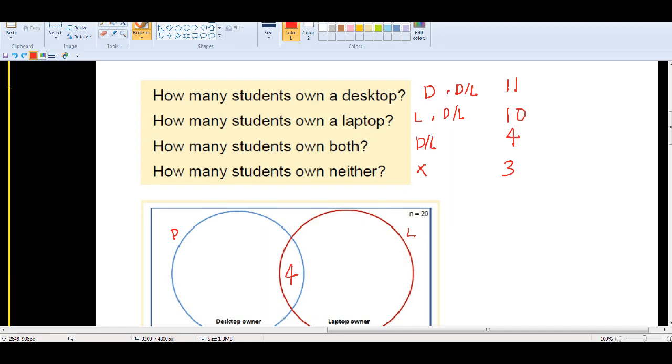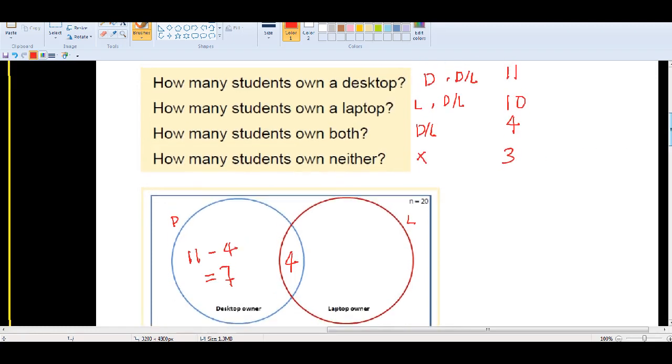But within those 11 students, 4 of them also own a laptop. So you should take away that 4 from the 11. So it should be 7.